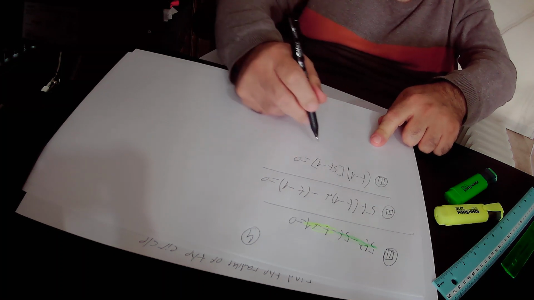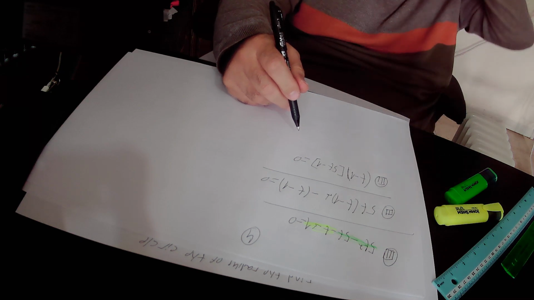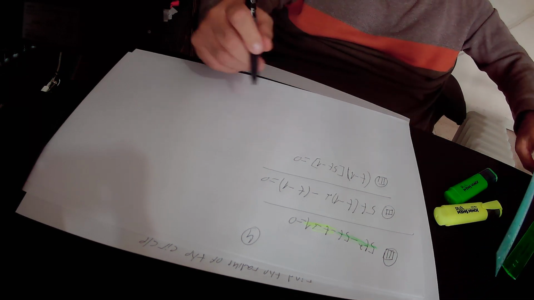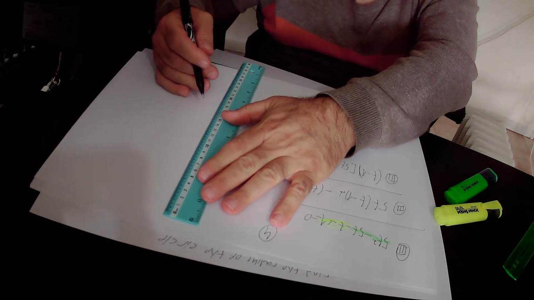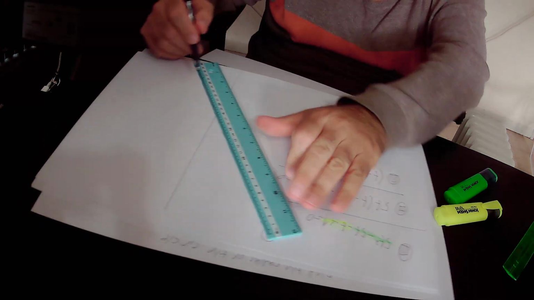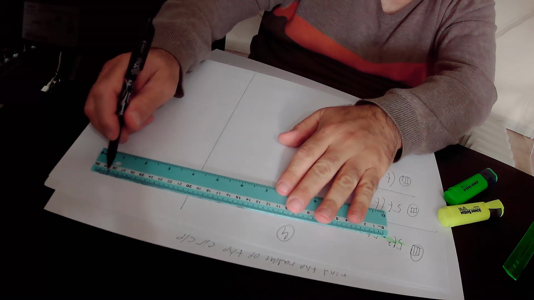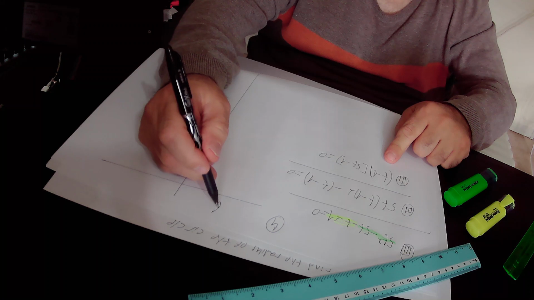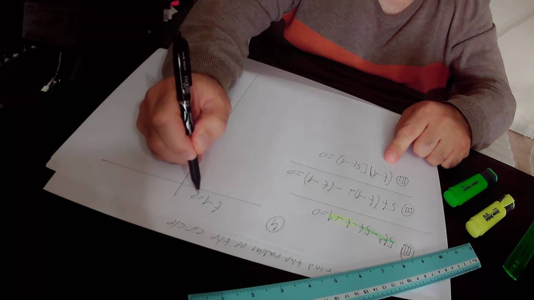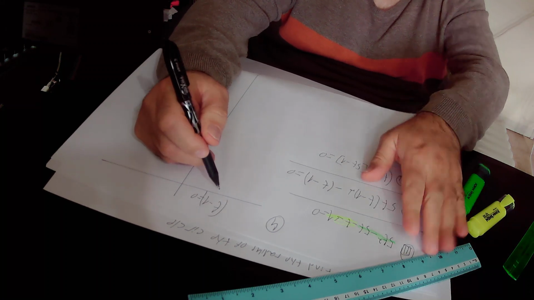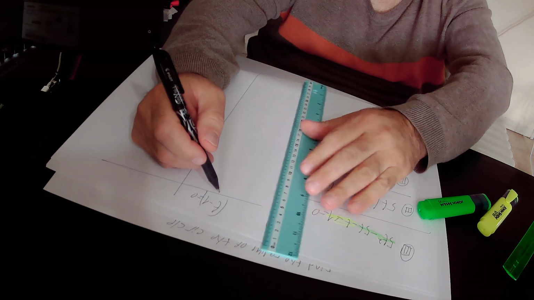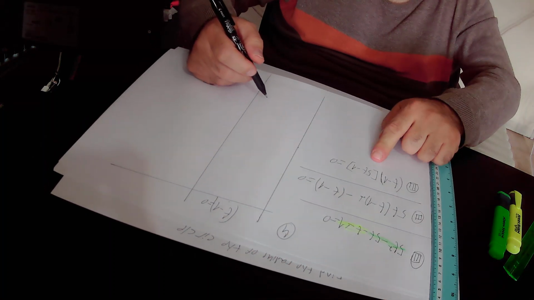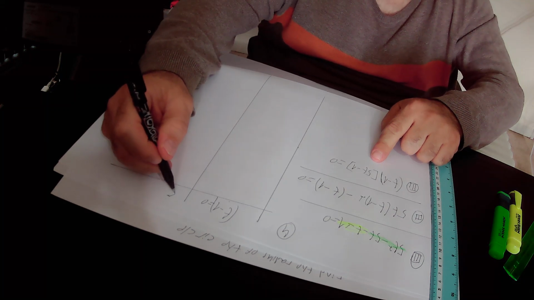So here we have two possible solutions for t: either t minus 1 equals to 0, or 5t minus 1 equals to 0.